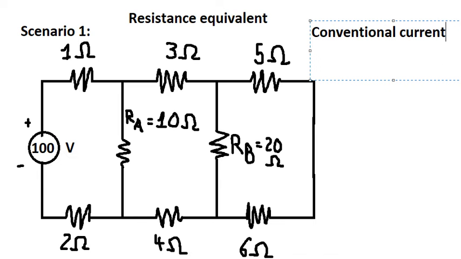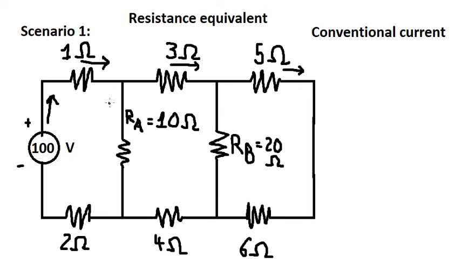That means in this situation we have the positive side in here, so that we go in this way. Then we go in this way, this way, this way, and then they go down in this way, and this way. This is the conventional current in here, and that is for I.